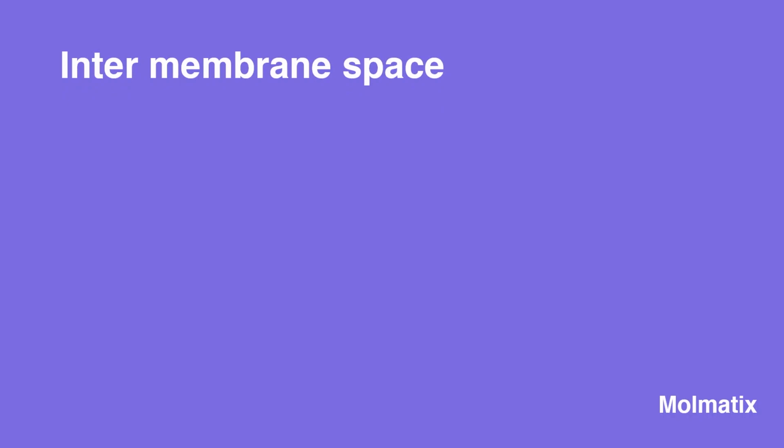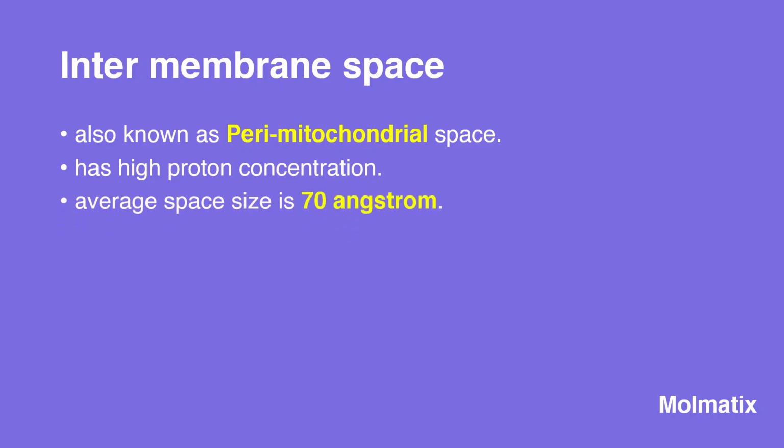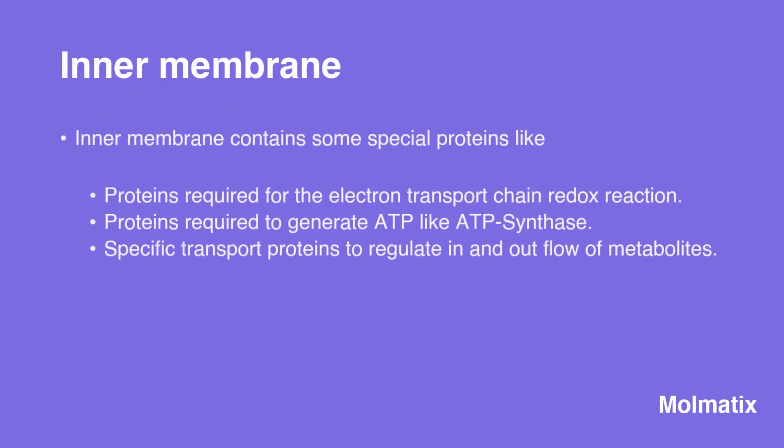Then the intermembrane space, also known as perimitochondrial space. Perimitochondrial space has a high proton concentration required for ATP synthesis. The average width of perimitochondrial space is 70 angstroms. Inner membrane.